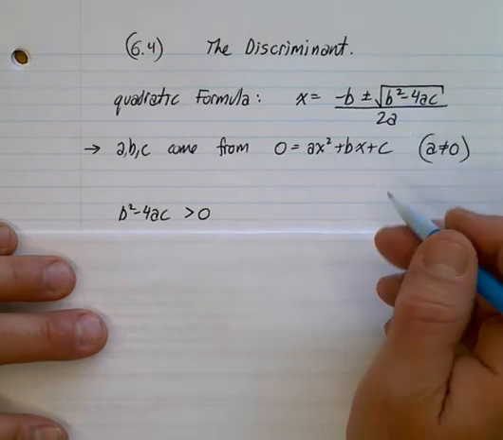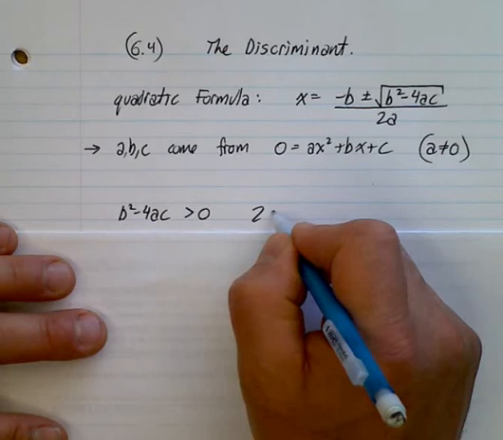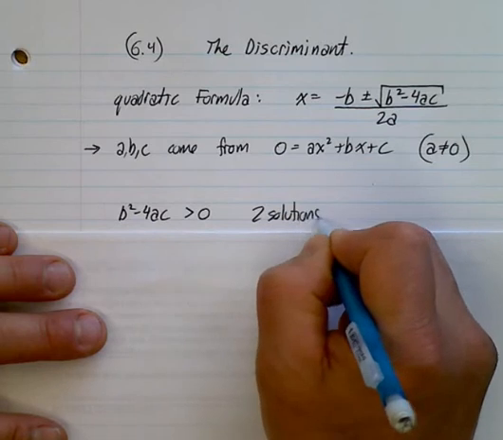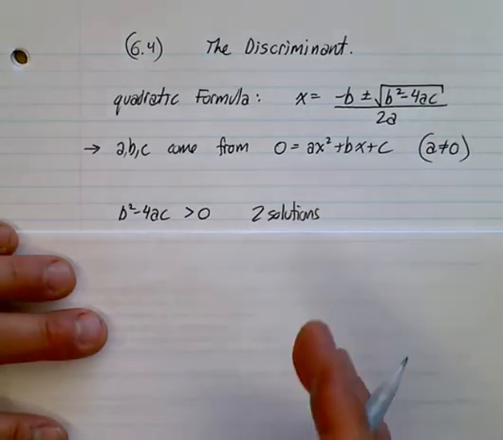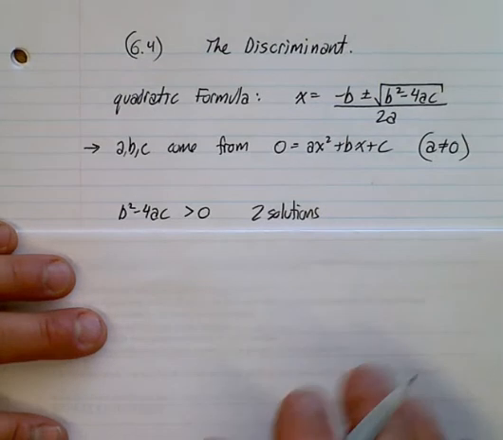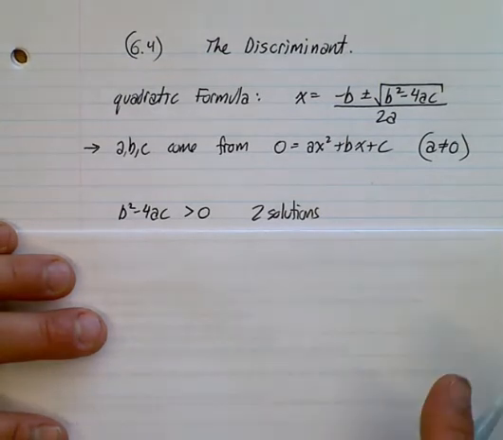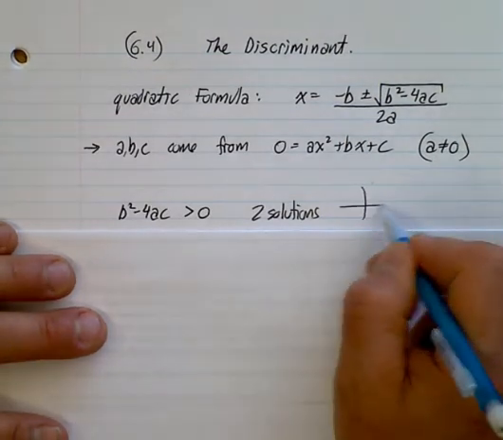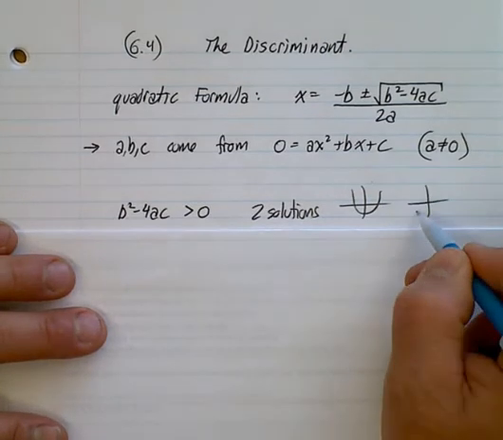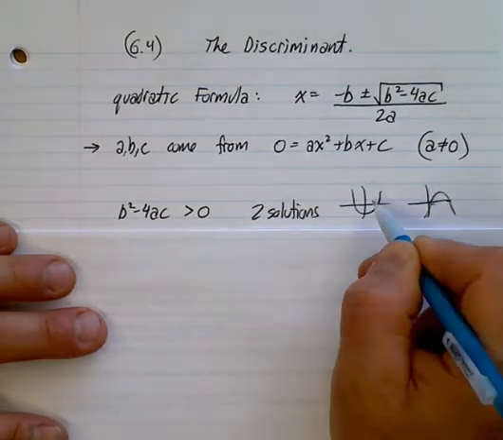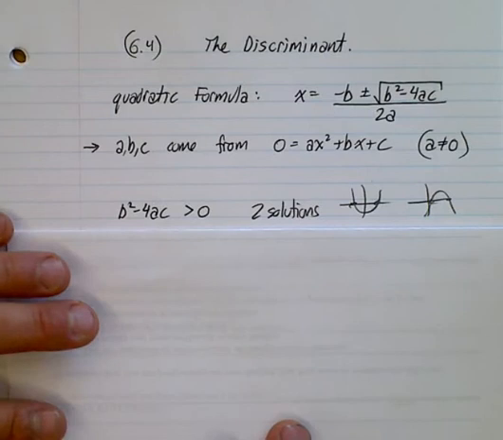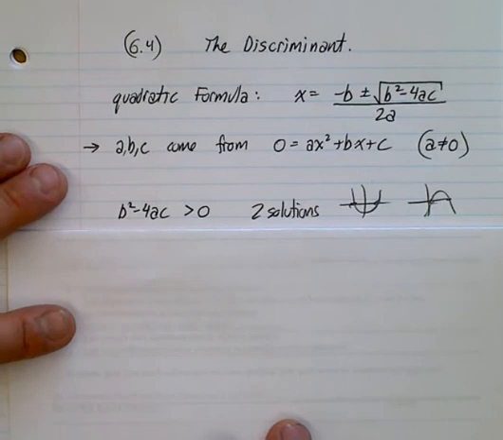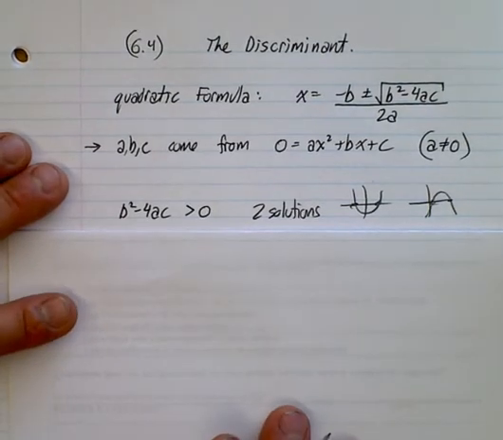It's going to end up giving you 2 solutions, because you're going to go negative b plus that value and then negative b minus that value, okay? And what that means, if you have 2 solutions, it means that it crosses twice. Boom, boom, 2 x-intercepts, okay? We call those 2 real solutions or rational, whatever. We'll deal with that in a sec.